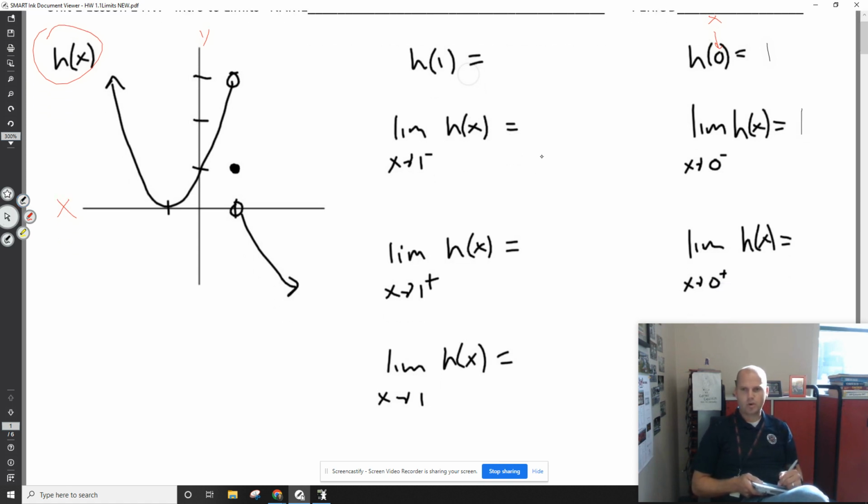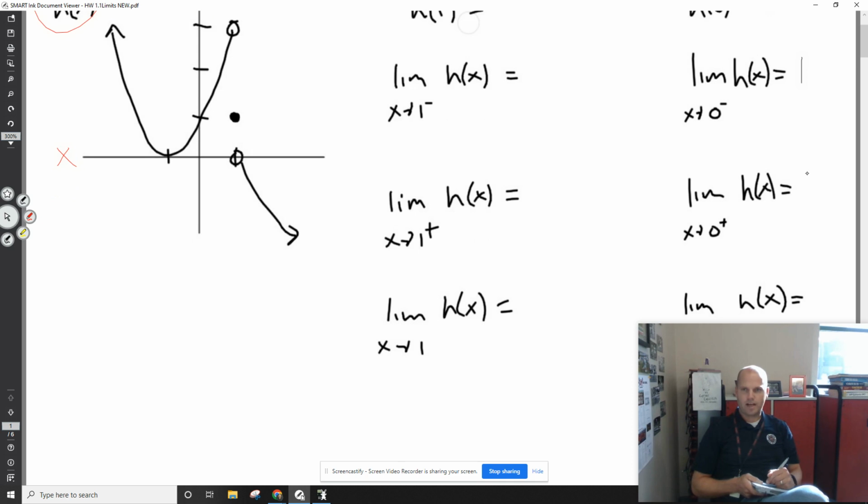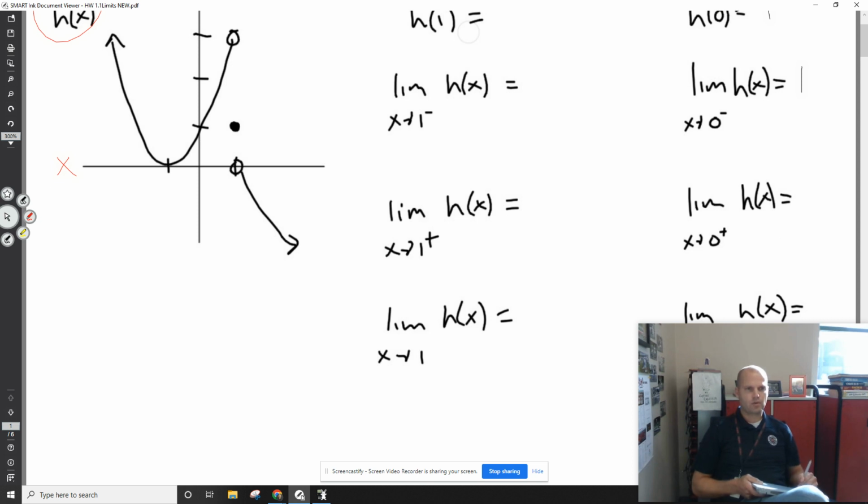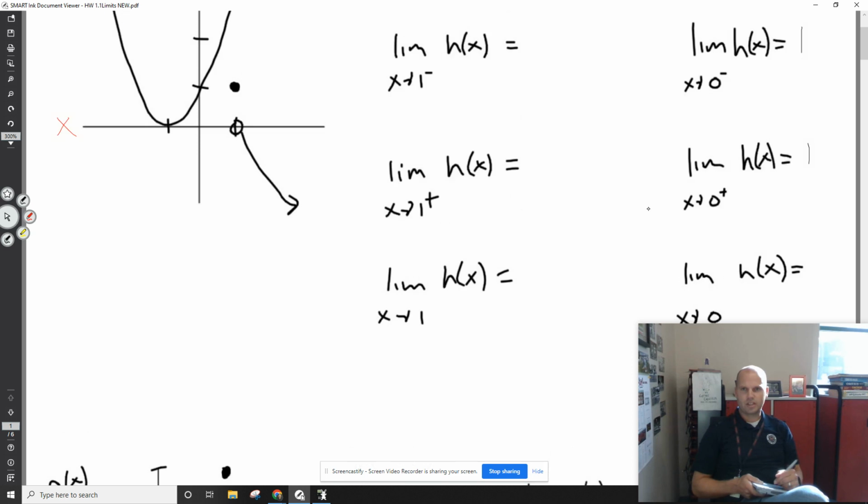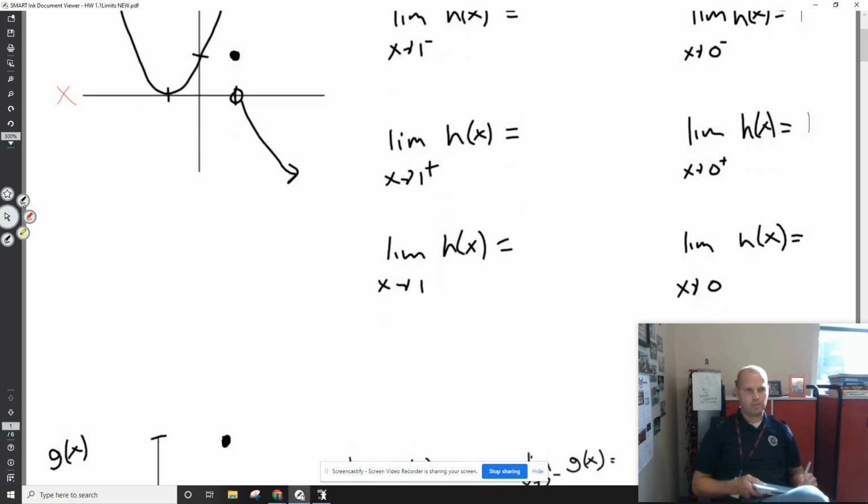So this is a situation, and we'll talk about it more next class, that the function is continuous. There's nothing crazy going on. And the limit and the function value would agree with each other. To the left, we're approaching 1. To the right, I'm also up here, but I'm approaching 1. And since the left-hand limit equals the right-hand limit, the limit in general exists and it equals that value.